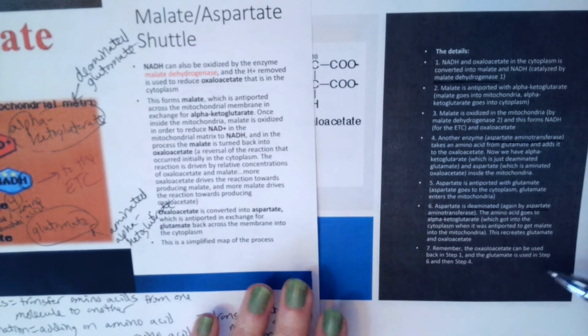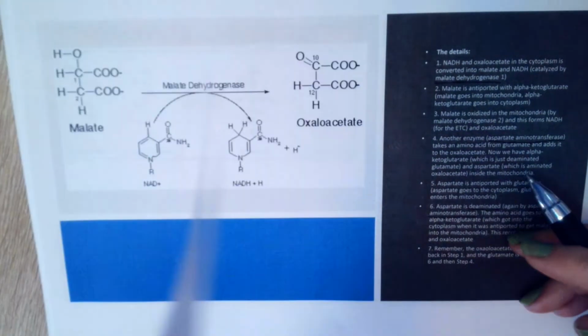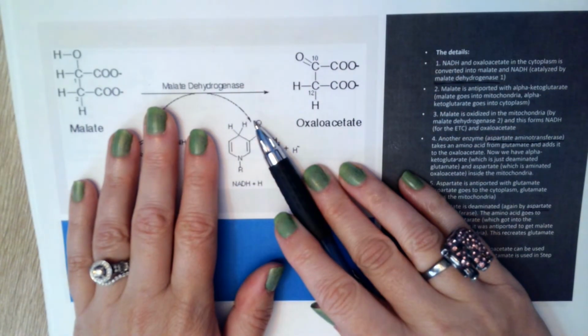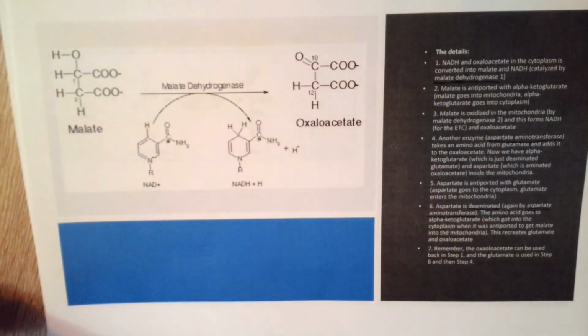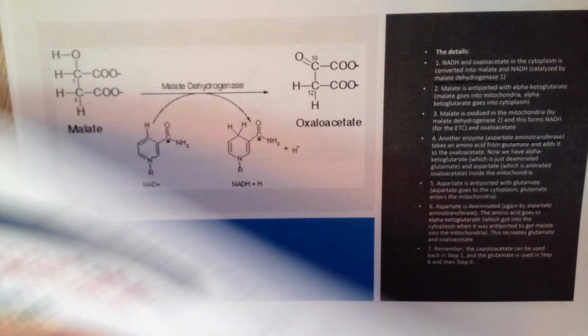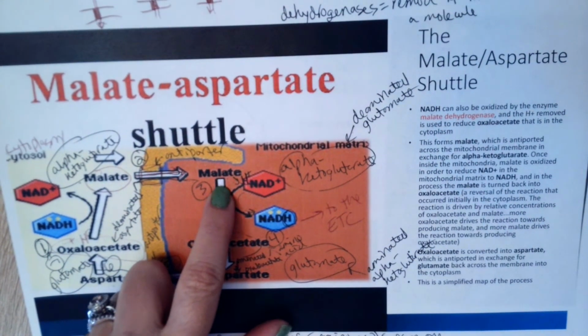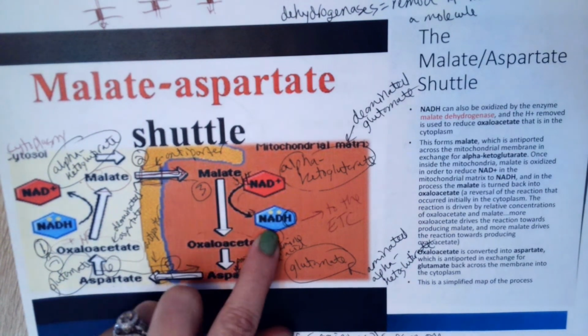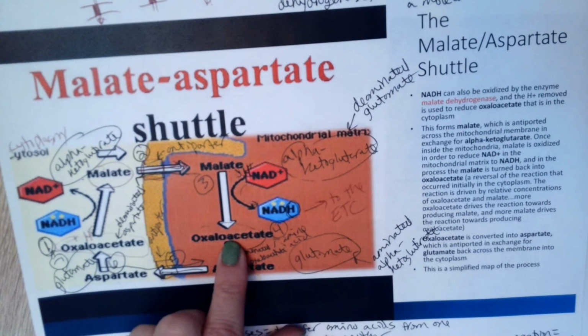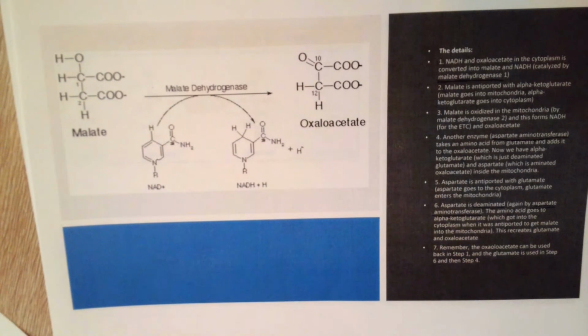Okay, now where this comes into play, this is just a picture of step number 3, where we take the hydrogen off of malate, add it to NAD+ to get NADH, which leaves us with oxaloacetate.